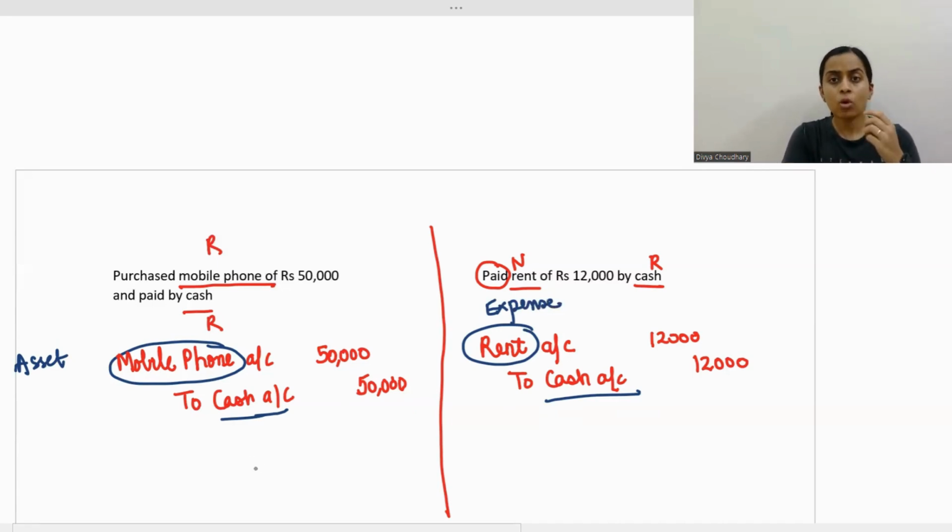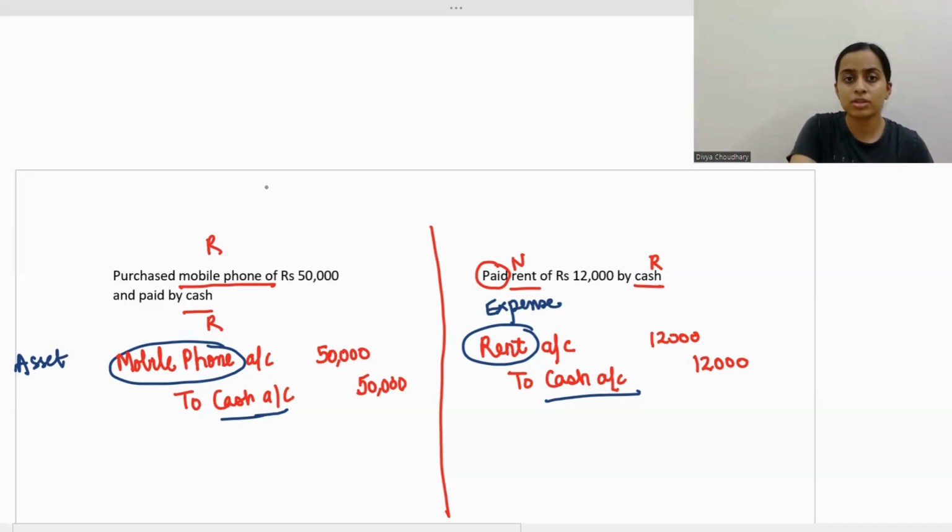Because once you have purchased a mobile phone and cash has gone out, you will use that mobile phone for a period. And at the period end, क्या हम mobile phone को फेंक देंगे, जला देंगे, खराब कर देंगे कि यार पीरियड खत्म इसलिए मोबाइल फोन खत्म? No, right? We won't do that. We will use this mobile phone in the next period as well. Your period could be a year or a month, right?